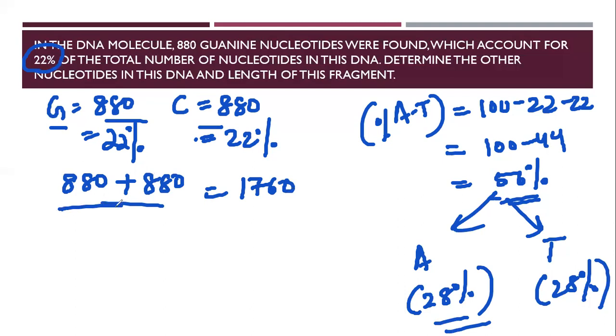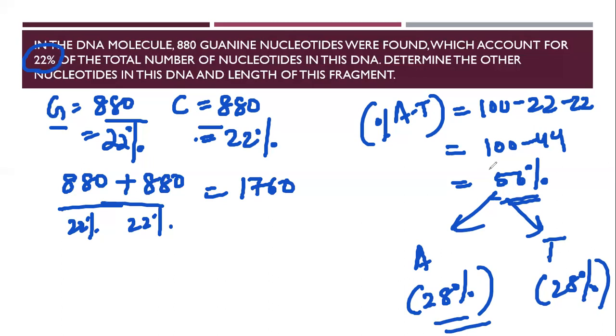It is 22 percentage. I need to calculate 1 percentage means how many nucleotides, so that I can get the number of nucleotides of A and T. Are you getting the point? If I know that 1% means these many nucleotides, then I can calculate any nucleotides present in the DNA molecule.